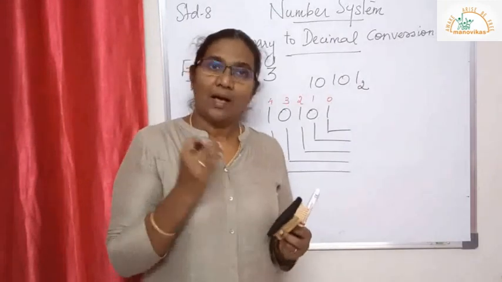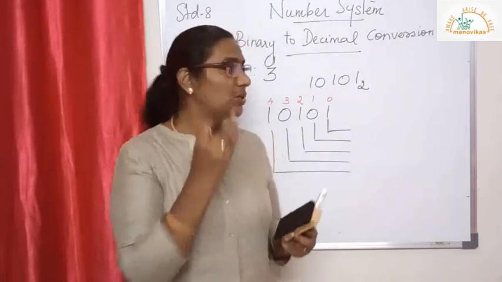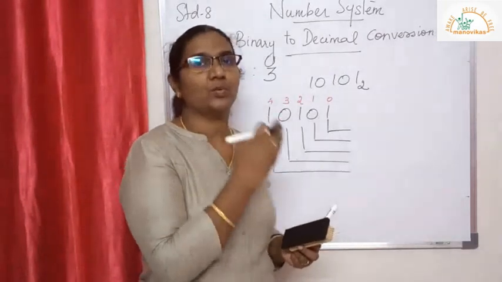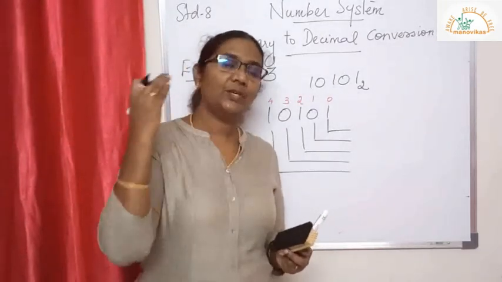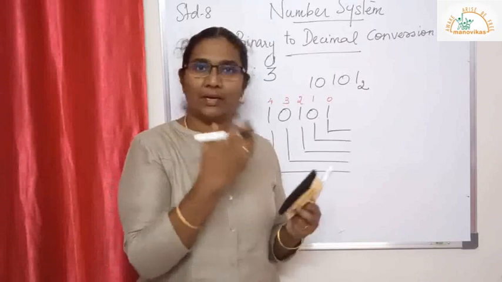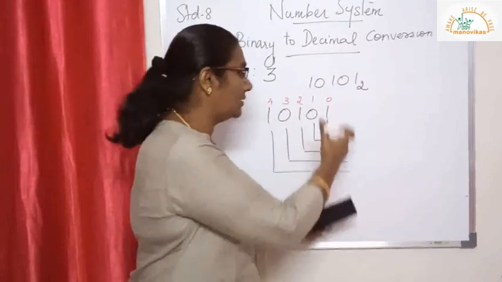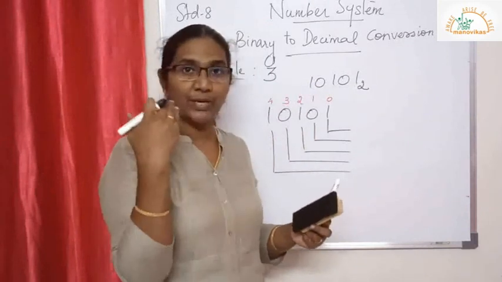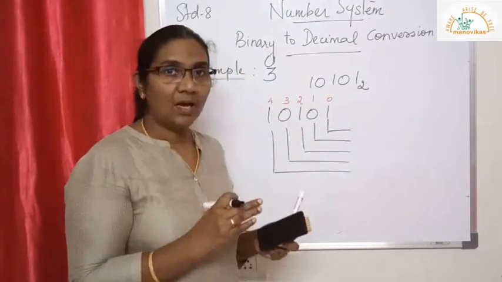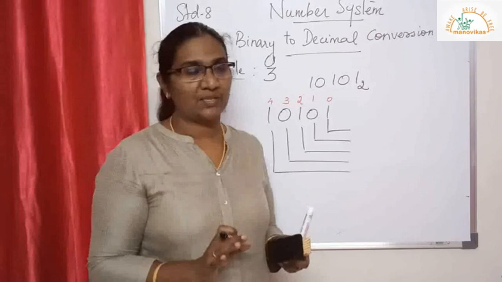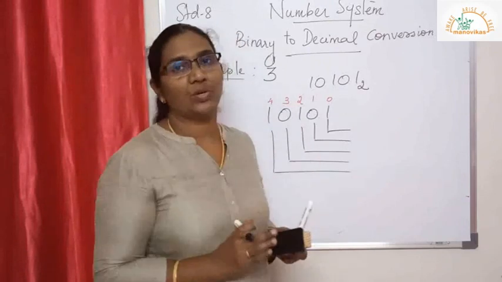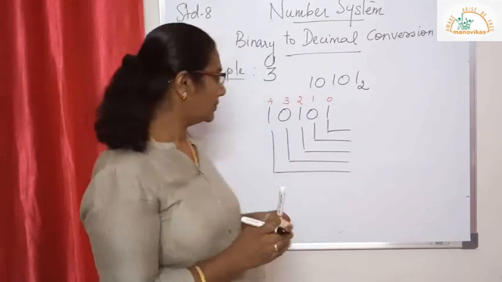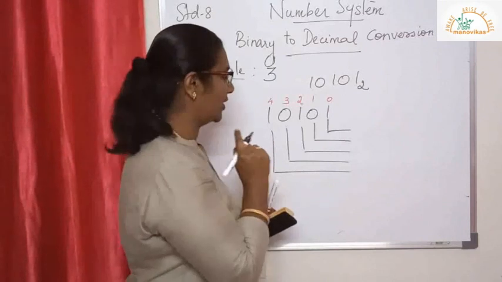But right now, as a beginner, please try to stick to this explanation that I am giving you. After you grow bigger, you can do without even taking these steps. Right now, that's not advisable. Please stick to the procedure that is explained. Okay, now let's move into the explanation.